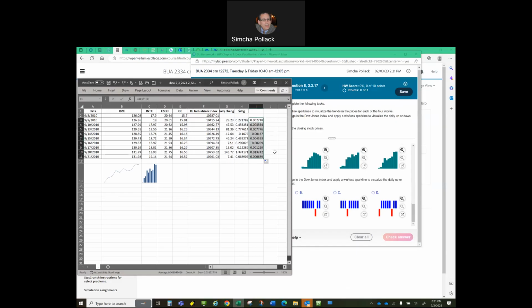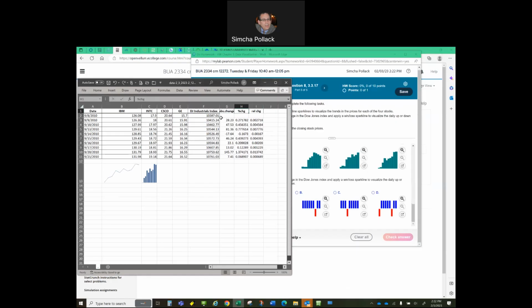Clear? So this is the relative change. Not the percentage, I'm sorry, this should be percentage. Just a label. Let's call it absolute change. There are three types of changes: the change, percent change, and the relative change.